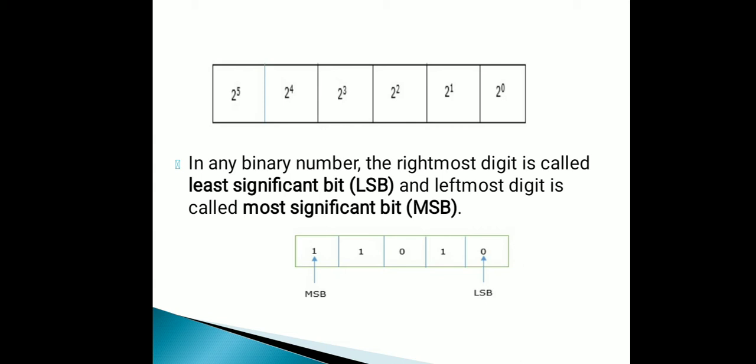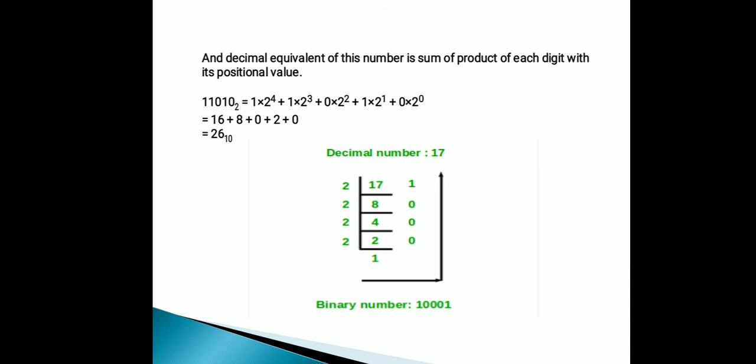You can see here in the figure, the rightmost digit is 0, called the LSB, the least significant bit, and the leftmost digit, 1, is called the most significant bit. The decimal equivalent of the number is the sum of the product of each digit with its position value.